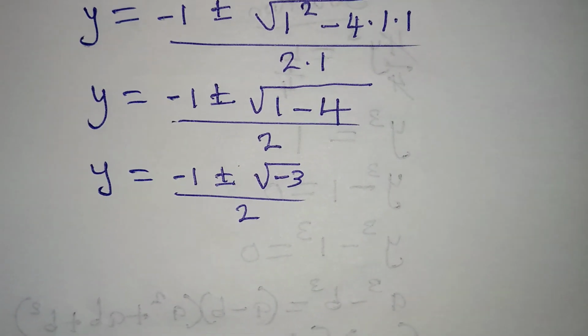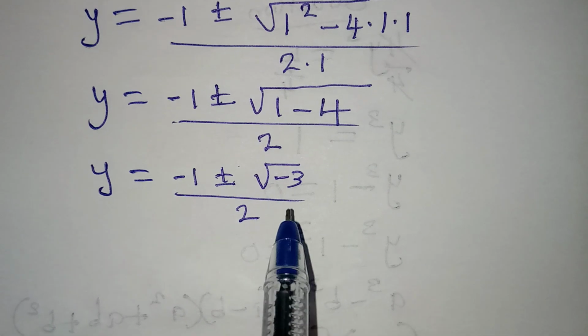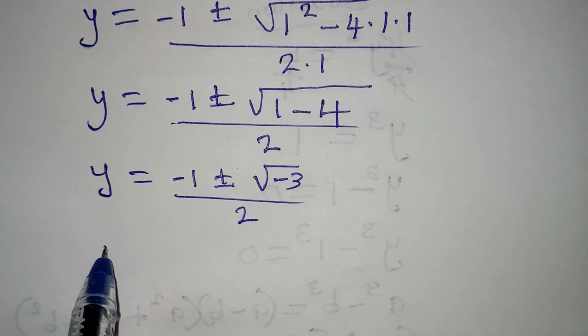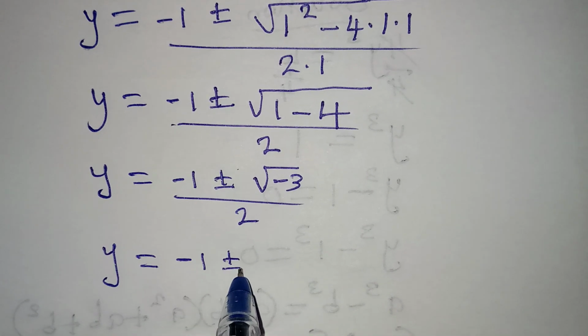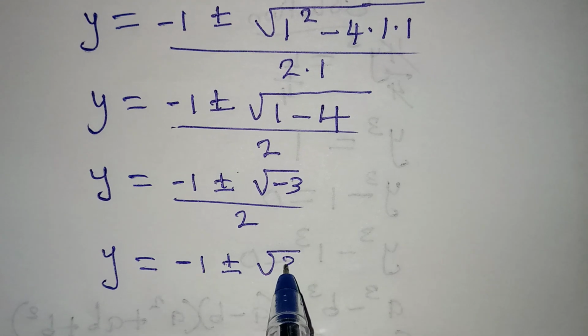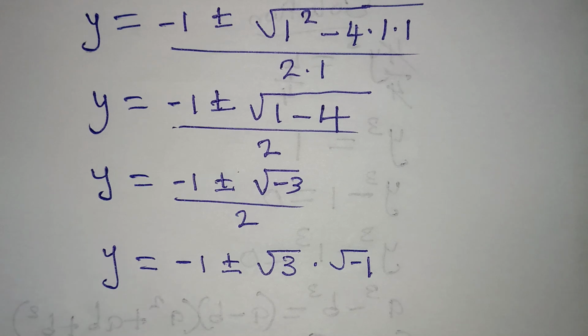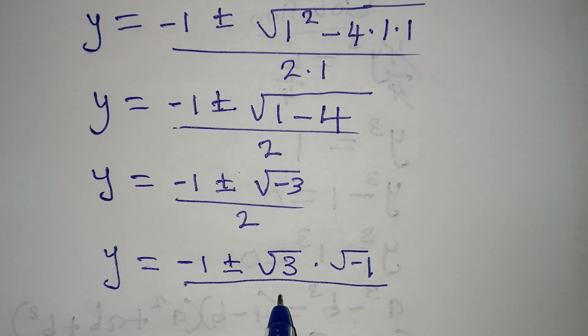What do we do from here? Remember that this will now give us a complex solution because of this negative square root. But then y is equal to minus 1 plus or minus the square root of 3 multiplied by the square root of minus 1, trying to pick out the negative, and then the whole of this will be over 2.